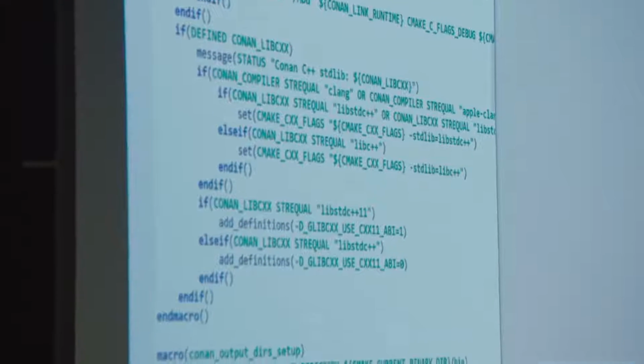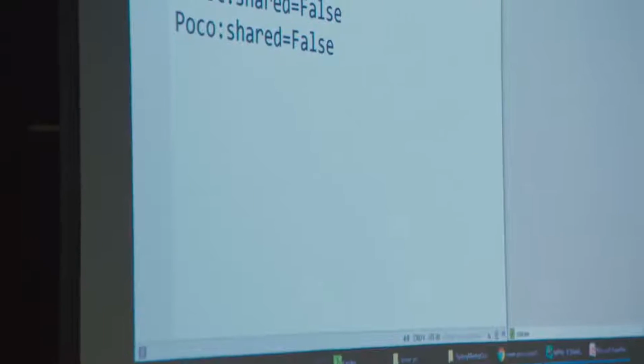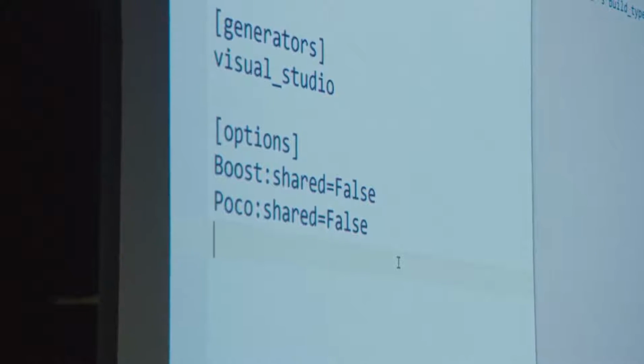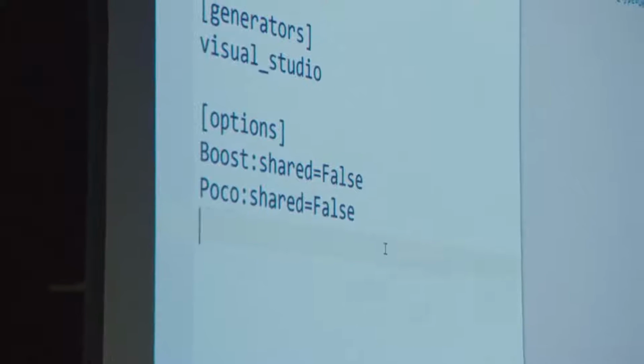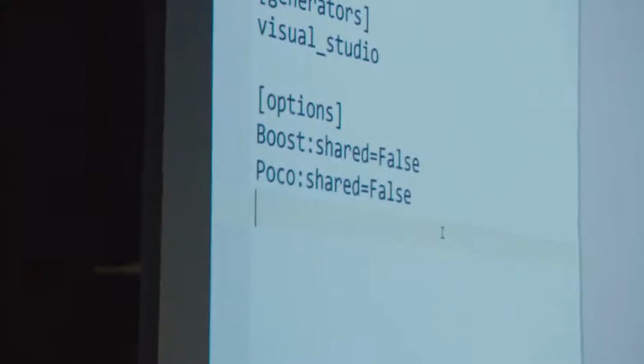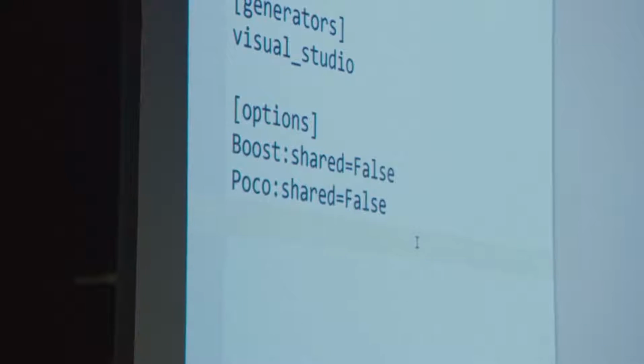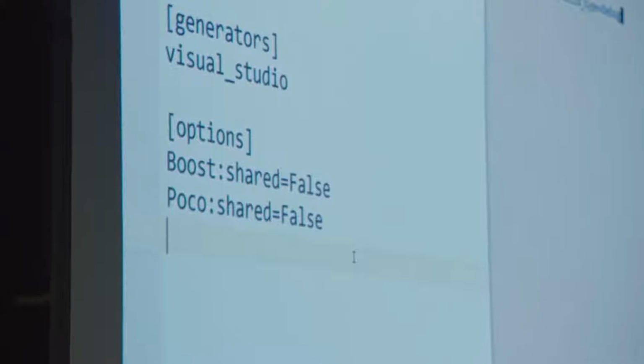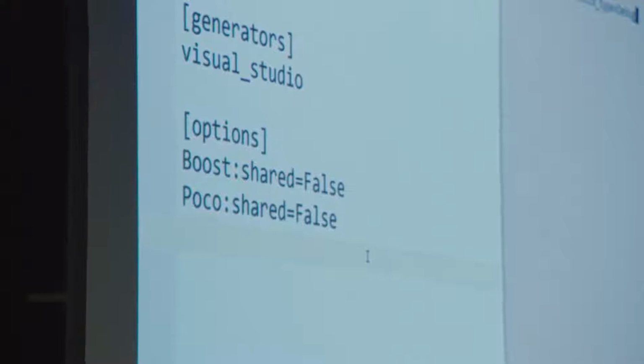Imagine Boost is defining zlib to be static, and Poco is defining zlib to be dynamic. I have to resolve the conflict myself, and decide, for example, zlib shared equals true.